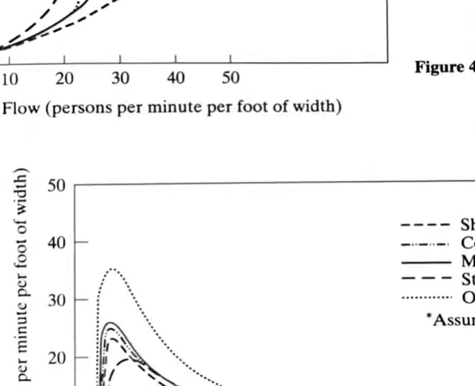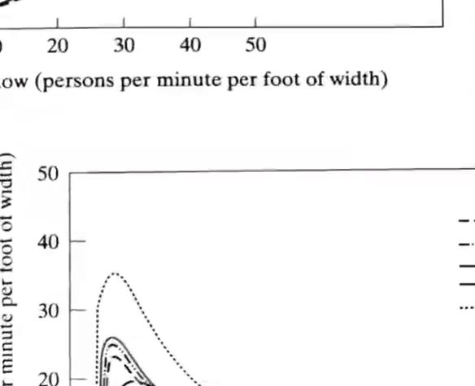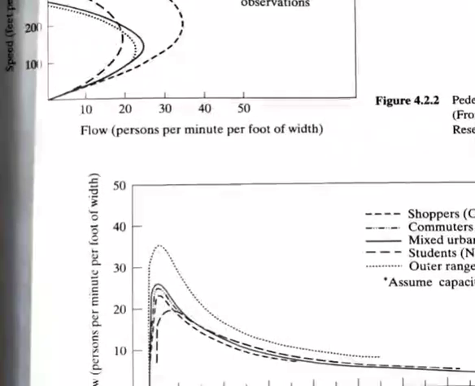So in this curve, here also along the x-axis is the flow, and along the y-axis speed. As the flow is increasing, you can see it reached a value of 35 for the outer curve, and then no more flow is possible.